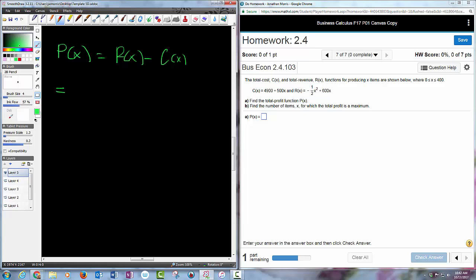Which will be, we're going to write our R of x first, negative a half x squared plus 600x, minus 4900 plus 500x.